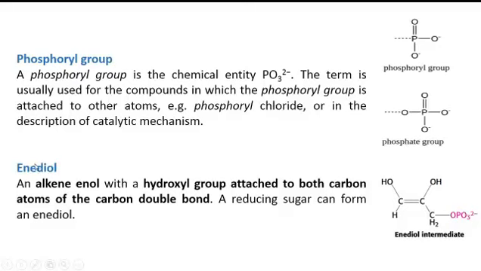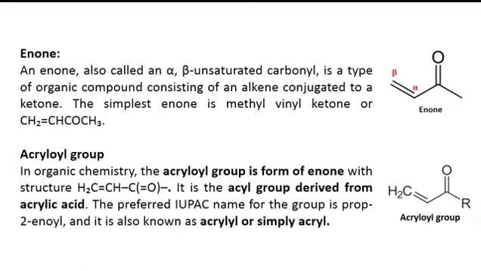So what is an enediol? Enediol is an alkene with a hydroxyl group attached to both carbon atoms of the carbon double bond. Here you can see the carbon double bond, and 1 hydroxyl group is attached to both of these. Coming to enone, an enone is also called an alpha-beta unsaturated carbonyl, and this compound consists of an alkene conjugated to a ketone.